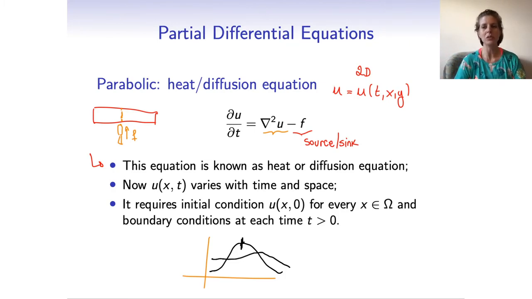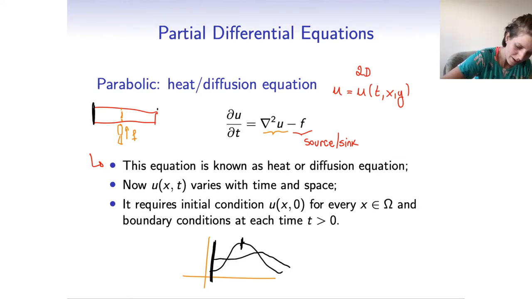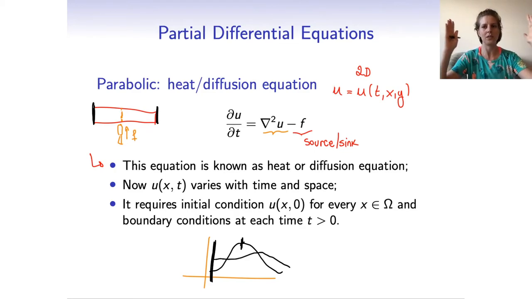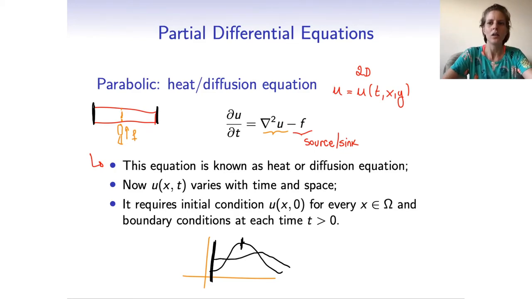Depending on your boundary conditions, if you have Neumann boundary conditions, it means that your bar is isolated on its edges and no heat can come out or come in the system, and therefore the total energy of this system is constant.